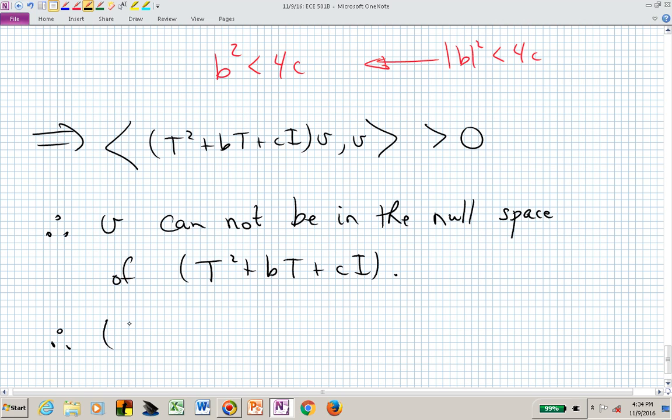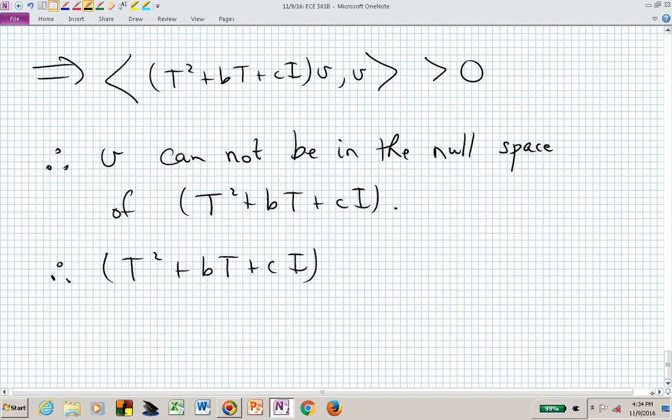Therefore, T squared plus bT plus cI, having a trivial null space, we also say that map is injective.